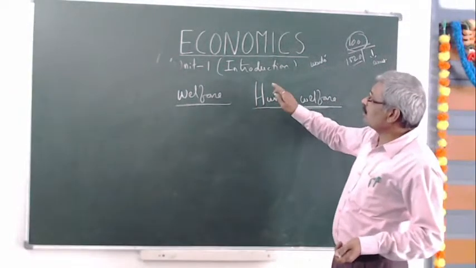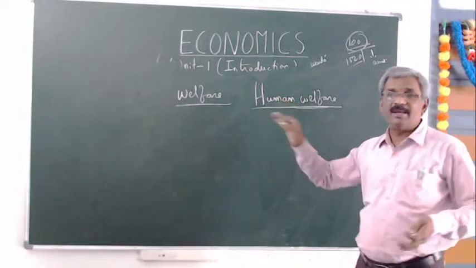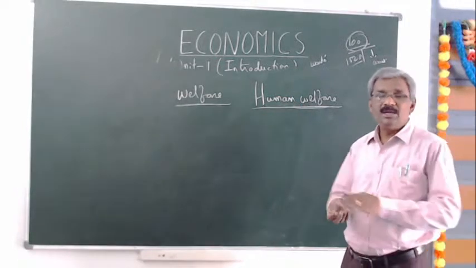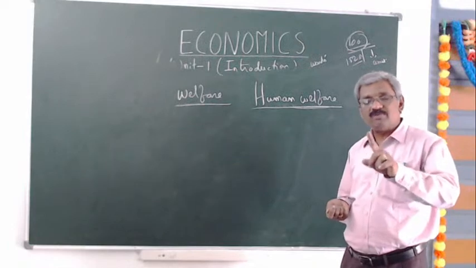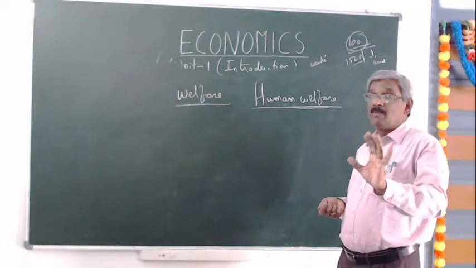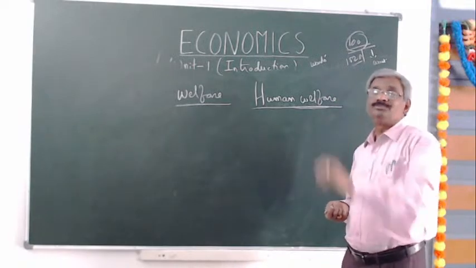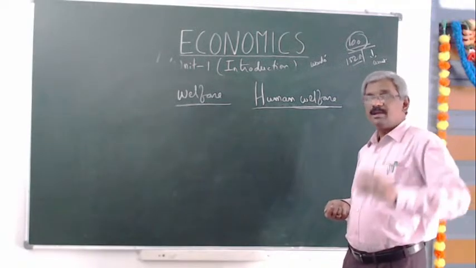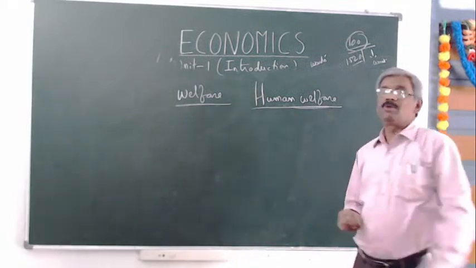Okay, so these are all the concepts of economics in the first chapter. Each and every concept is very important for 2-mark and 5-mark questions, as are the characteristics of utility or human wants.